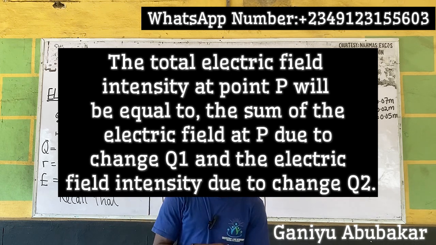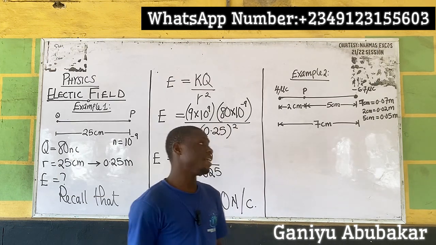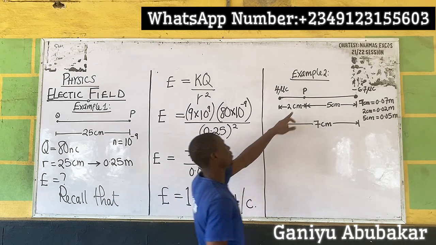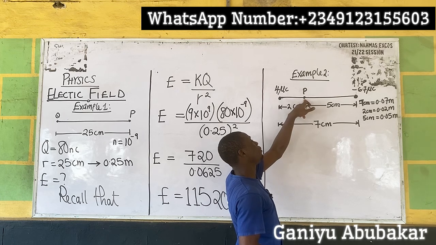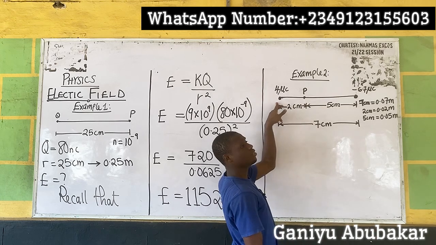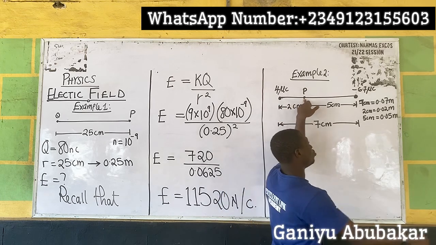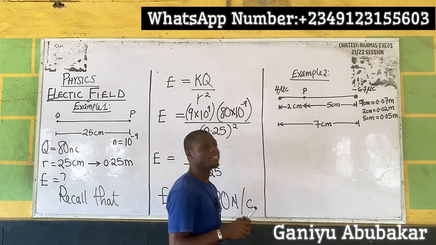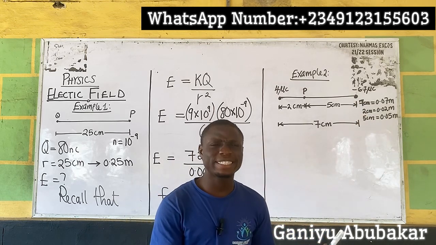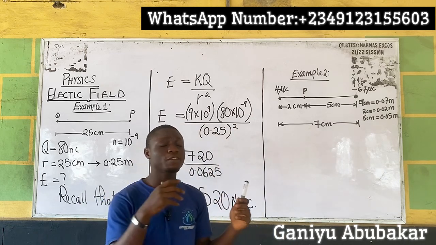To find the electric field intensity at point P, I am focusing on point P due to charge Q1 and point P due to charge Q2. So I'm trying to find the net electric field intensity.